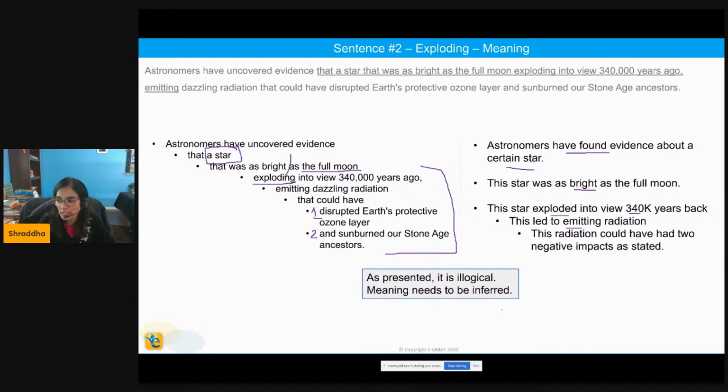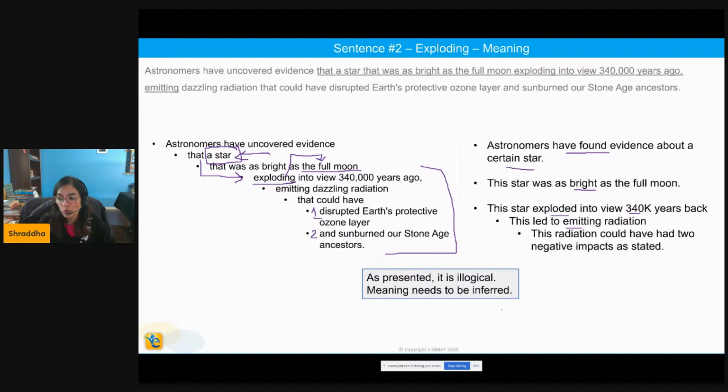It is actually talking about the full moon. It is not talking about the star. But from the context of the sentence, we understand that it is the star that exploded into view. It is not the full moon that exploded into view.